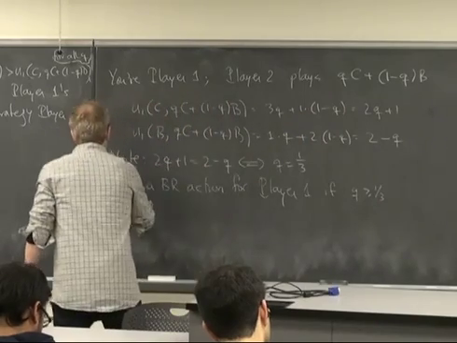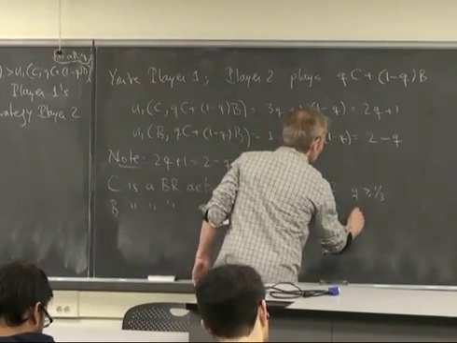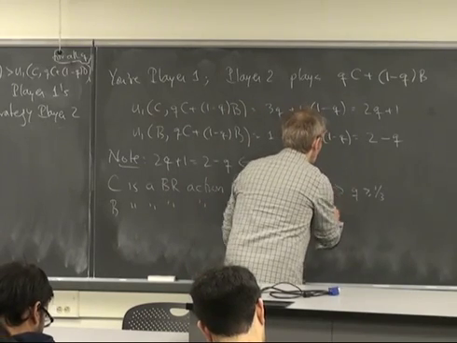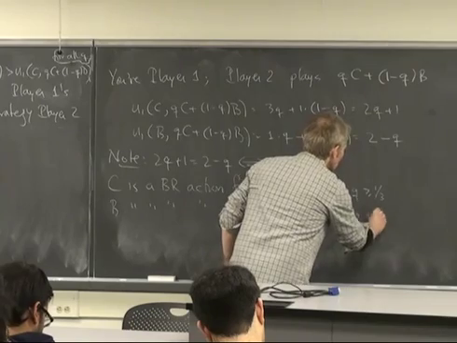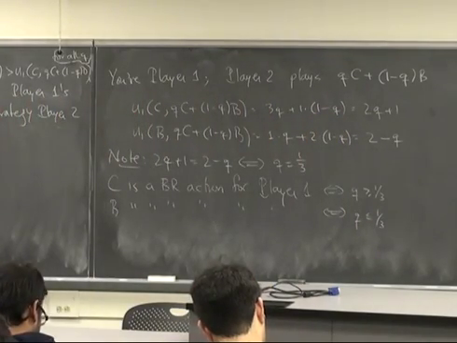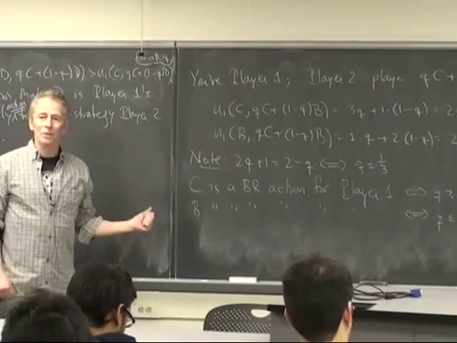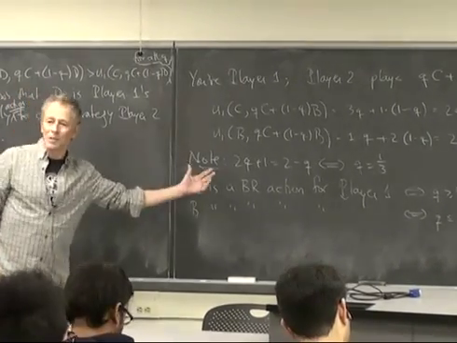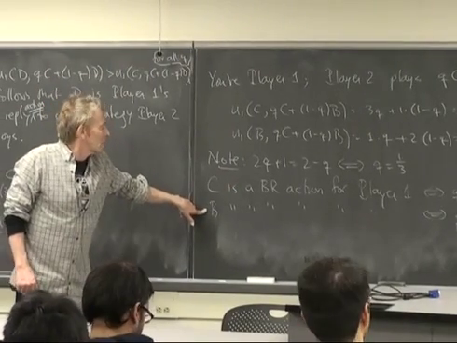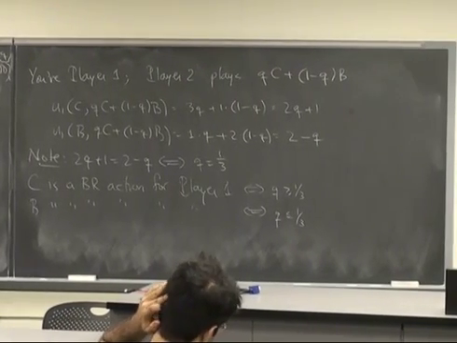And B is a best reply action for player 1 if and only if Q is less than or equal to 1/3. So when Q is strictly bigger than 1/3, C is the unique best reply action. When Q is strictly less than 1/3, B is the unique best reply action, but they're both best reply actions when Q equals 1/3.